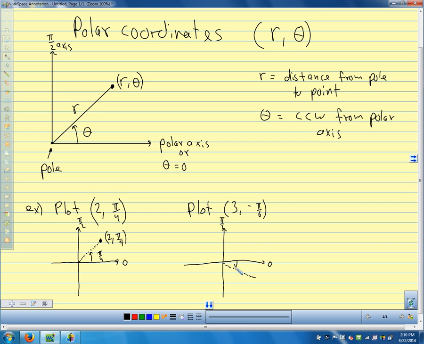We're going clockwise by pi over 6, and we're going out. Our distance from the origin, the distance from the pole, is 3 units. So the length of this segment here would be 3 units. So that would be the point (3, negative pi over 6).